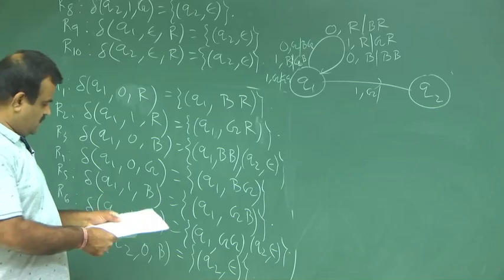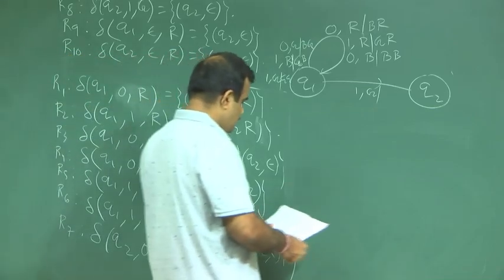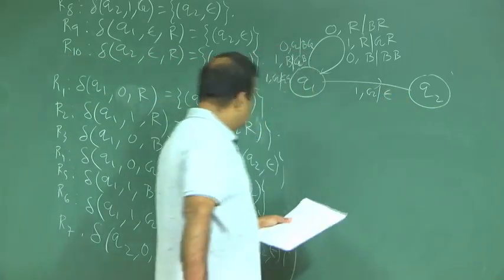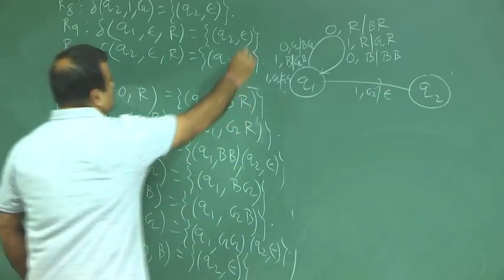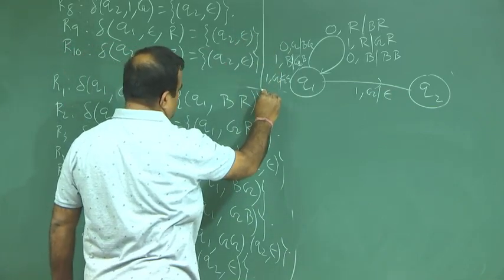So, if we have G, it will be epsilon over here. Okay. So, this is just how we are trying to draw this.